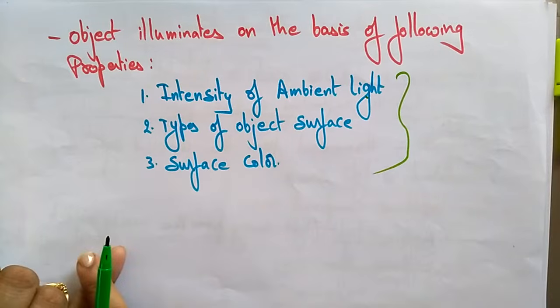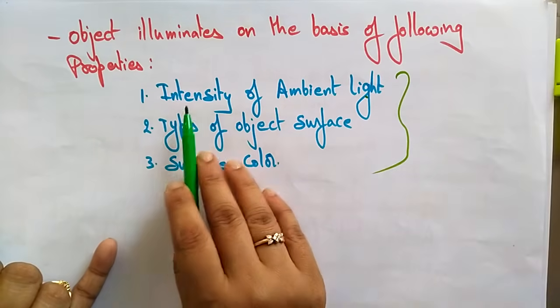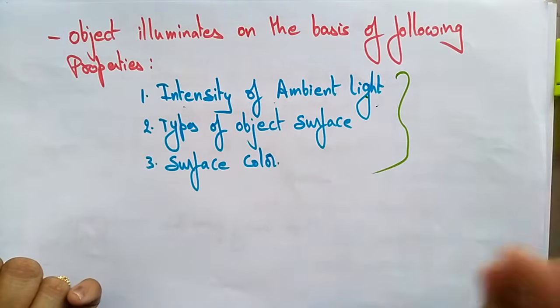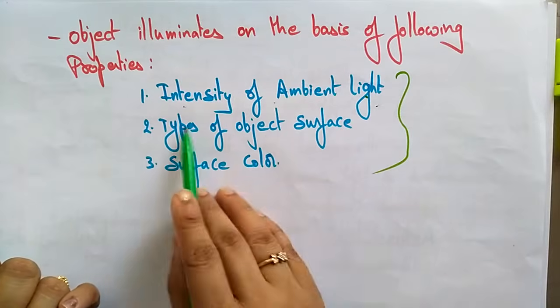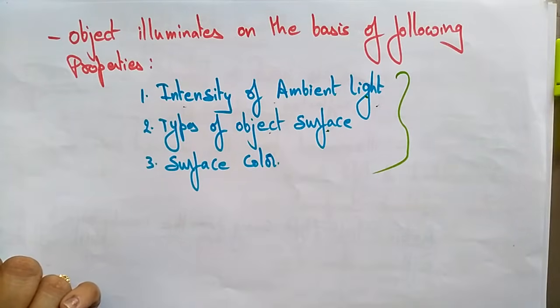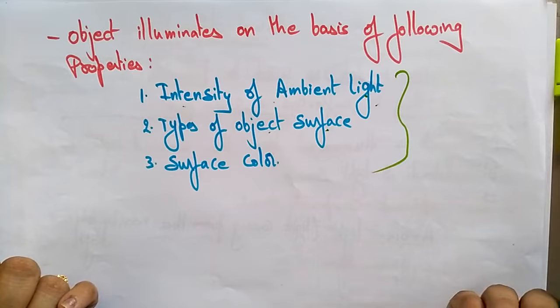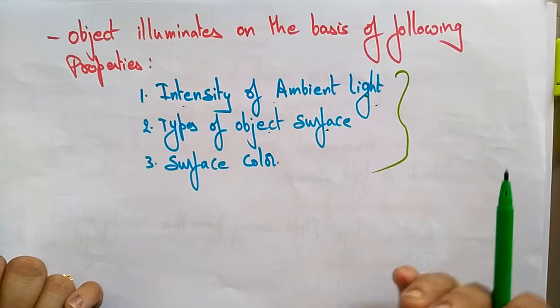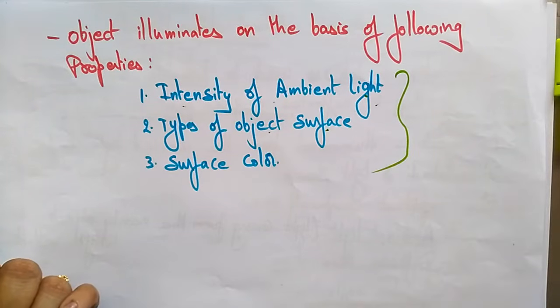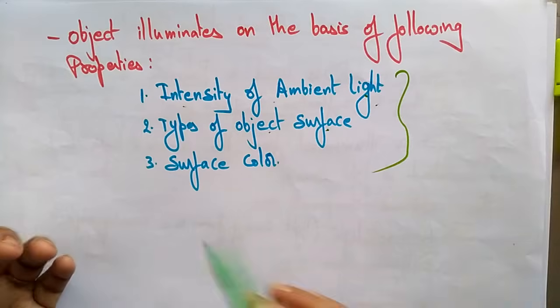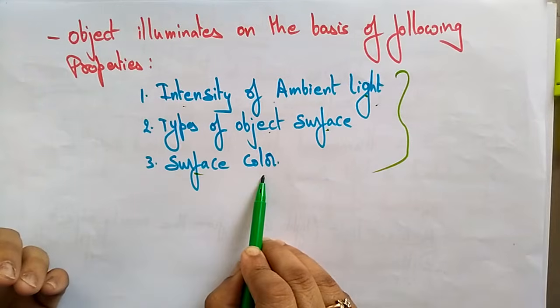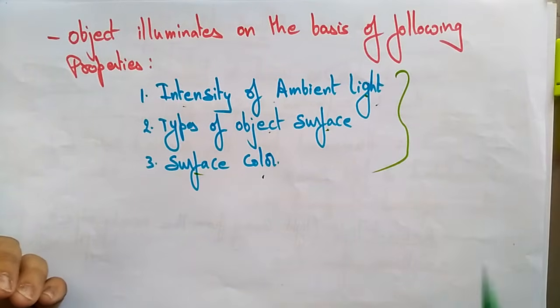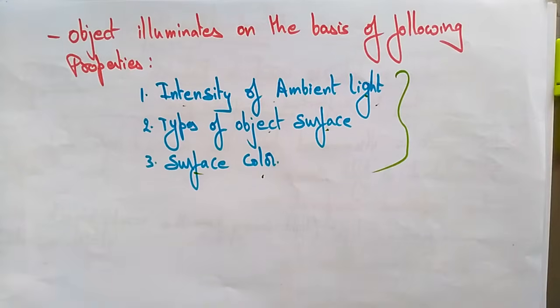So the object illumination has properties like the intensity of ambient light, meaning how much ambient light there is, and the type of object surface. What type of surface are you using, a shiny object or some hard surface? The surface color is also important. If you are using normal white color, you just see whatever light is playing. With different colors, different light will be produced.